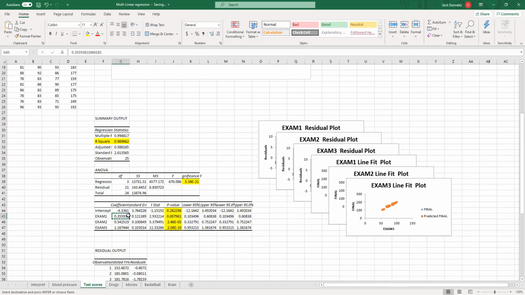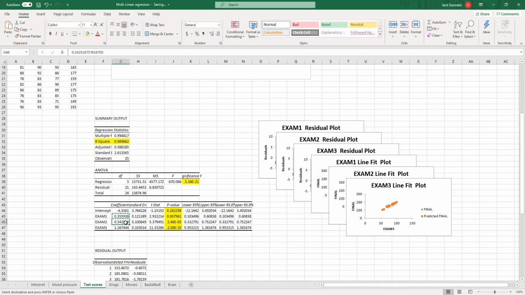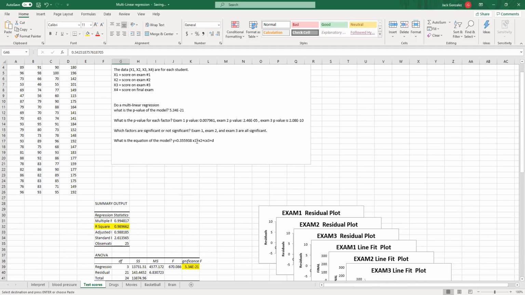So then you put that here for the A, replace the A. That will be here.